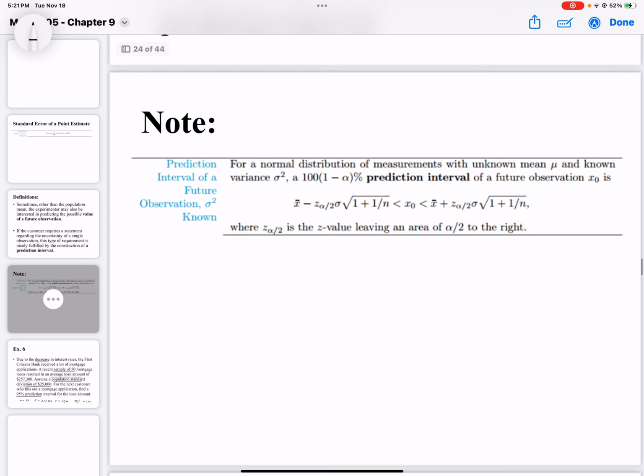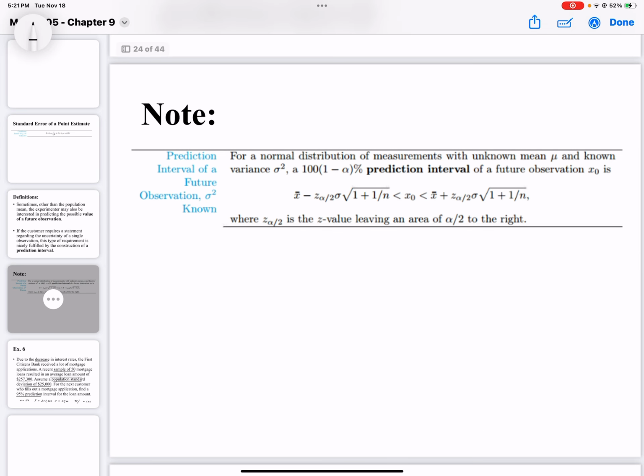All right, let's get our prediction interval. I'm taking all of those values that I just identified and plugging them into this formula exactly where I see it. So I have X bar plus and minus the Z sub alpha divided by 2 value multiplied by our sigma, and that is multiplied by the square root of 1 plus 1 over n. All right, let's plug it in.